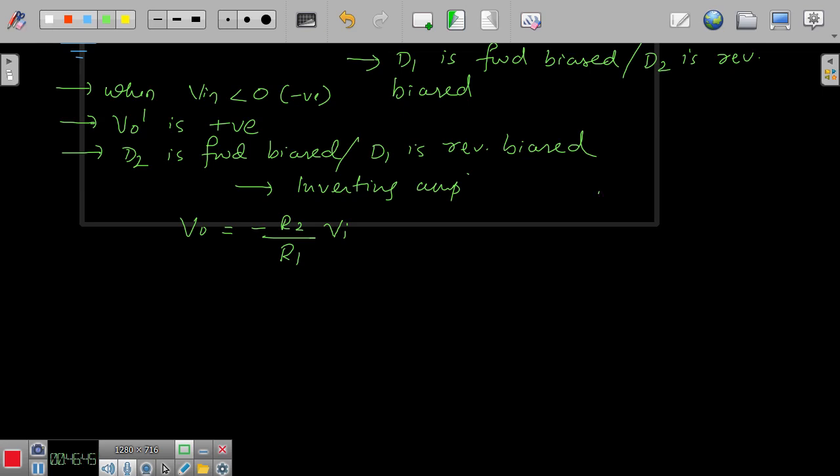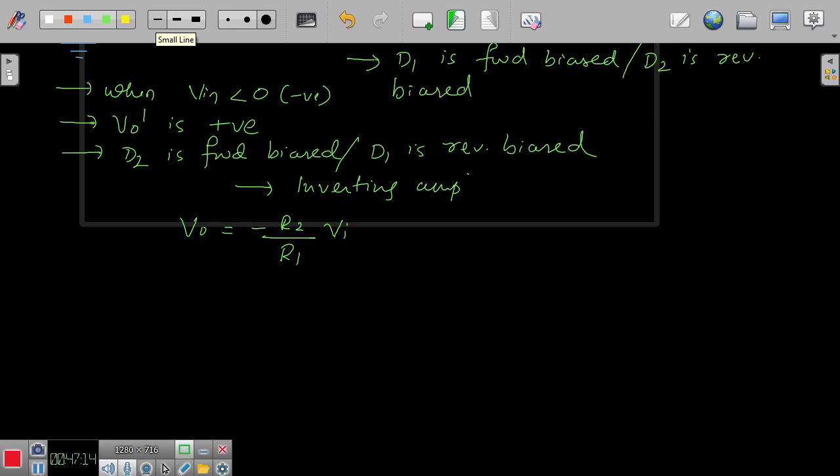So if you take the input and output something like this, your output could be either this way or that way, depending upon your gain value. This is the advantage of going with either inverting or non-inverting type of configurations.